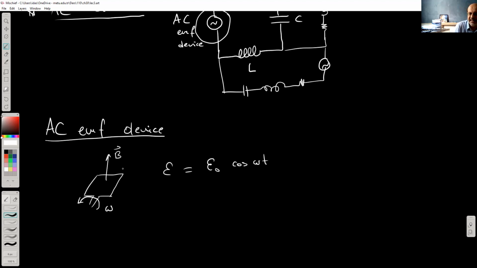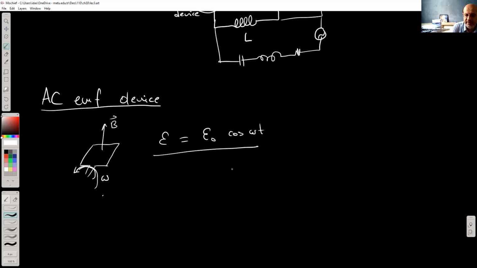I mean, remember this example because this is how people produce the alternating EMF, alternating current in power plants. There's actually a constant magnetic field in here, and somehow some kind of an energy is used to rotate this wire frame inside this magnetic field.